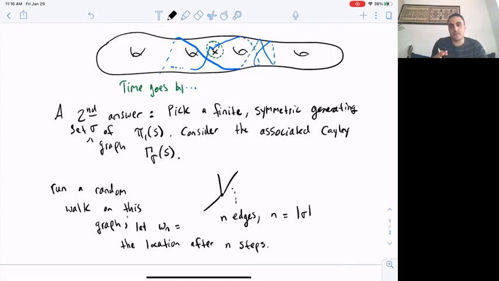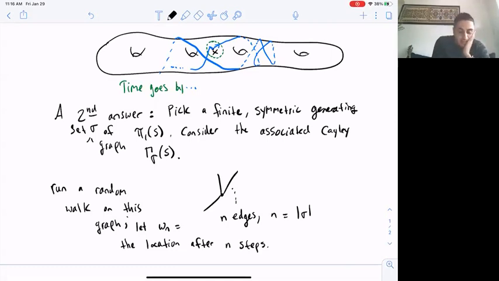Even just knowing the conjugacy class of W_n would be enough to pick out a curve, as long as I don't care about base points on the surface. And so what I'm getting here is, again, a sequence of curves on the surface that are being chosen by a different notion of randomness, a more combinatorial one instead of a geometric one.